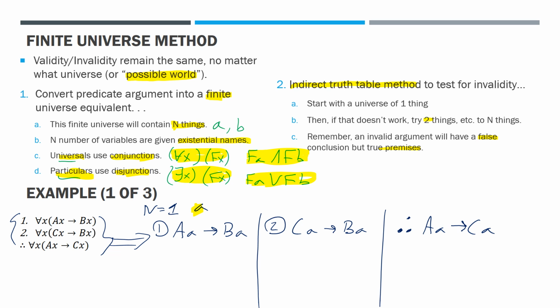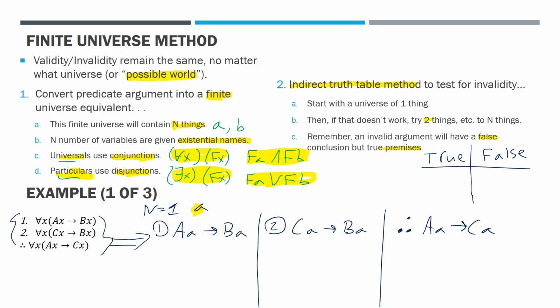And with this indirect truth table method, I'm going to create a table. So some statements perhaps we'll say are true and some perhaps false. We want to see if we can set up this argument such that the premises are true but the conclusion is false. Let's look at the conclusion first. We want that to be false.